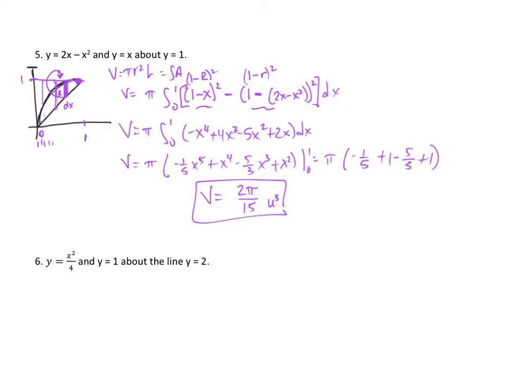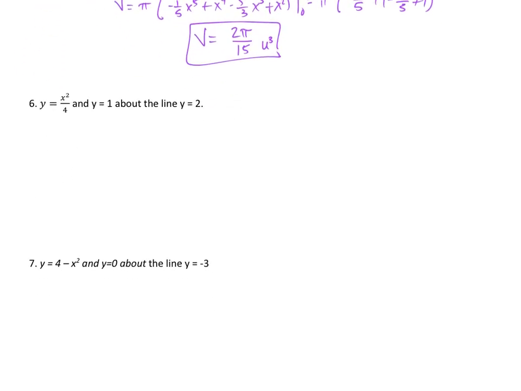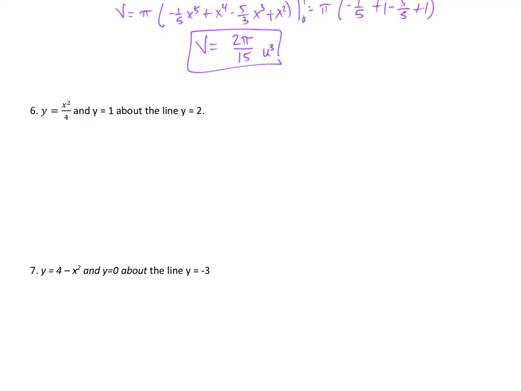All right, moving on. Number 6. Okay, here's our 2 equations, and let's graph this. We've got y equals x squared over 4. So this ends up being a parabola that's like this.